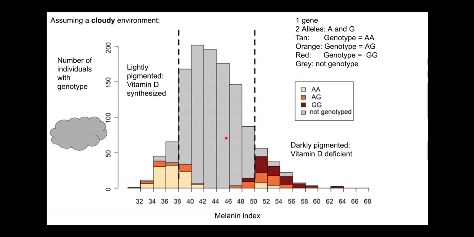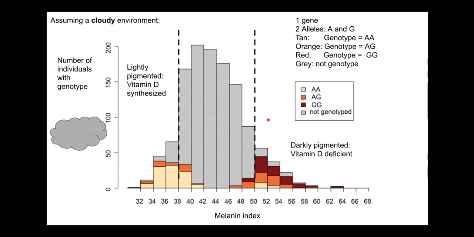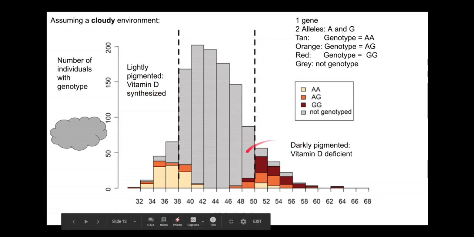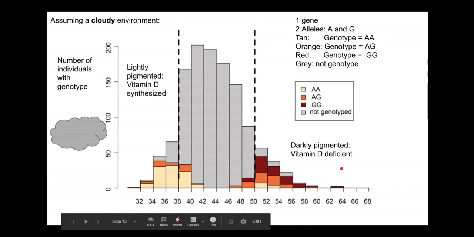Whereas if you are darkly pigmented in a cloudy environment in a northern latitude, your melanin is absorbing the UV radiation instead of letting it pass through into your skin so that it can participate in synthesizing vitamin D. So individuals that are more darkly pigmented can run into vitamin D deficiencies in cloudier environments.